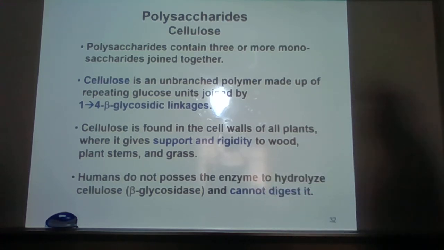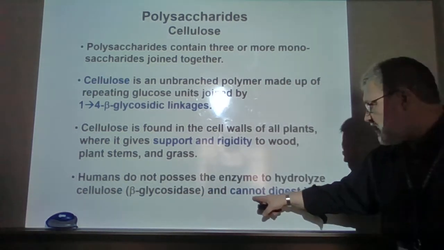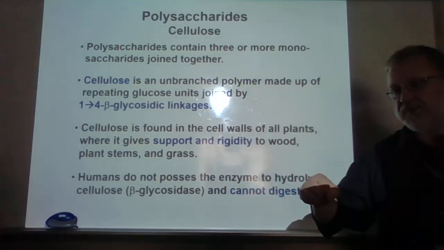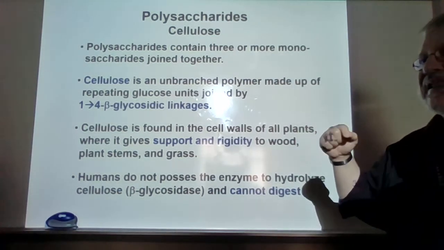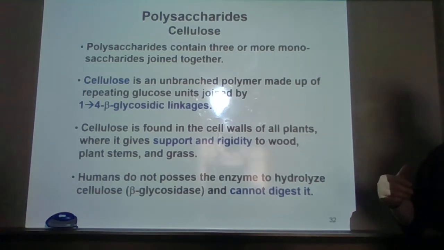So humans do not possess the enzyme to hydrolyze cellulose, the beta glycosidase, and therefore cannot digest it. So you can't go out there, pick a clump of grass up or a leaf off or whatever, start munching on it, and get anything that is essentially helpful to you, where animals can. They have the enzymes, humans don't.